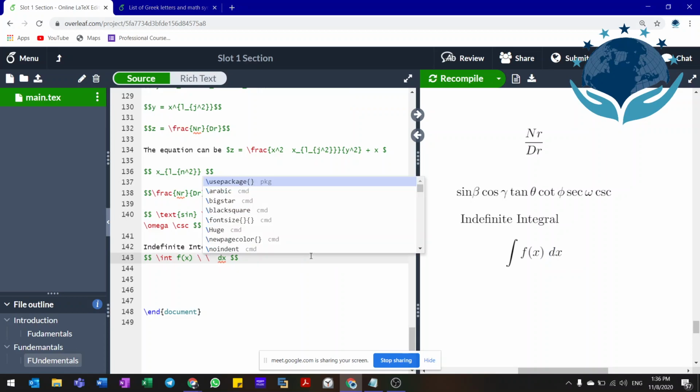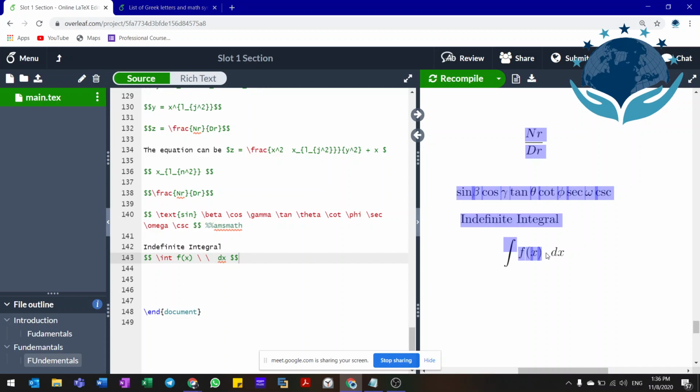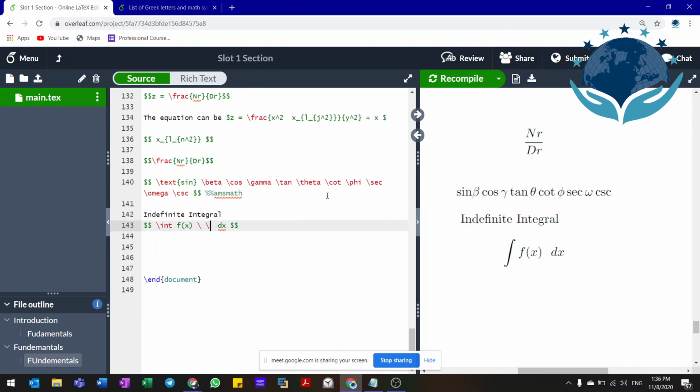Even if I use a double backward slash, slash space slash space, you can see that a double space has been inserted inside the mathematical notation. Here you can see that the indefinite integral is perfectly rendered in the PDF: integral over f of x into dx.